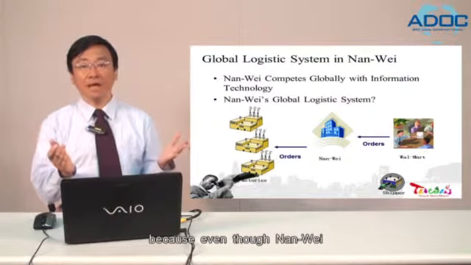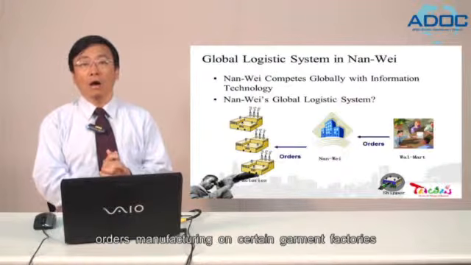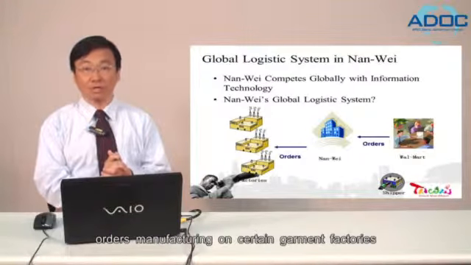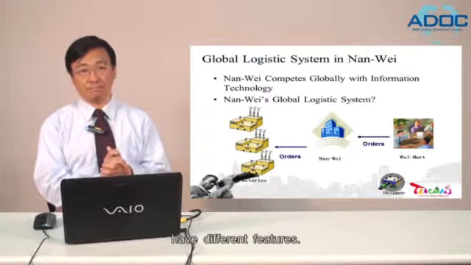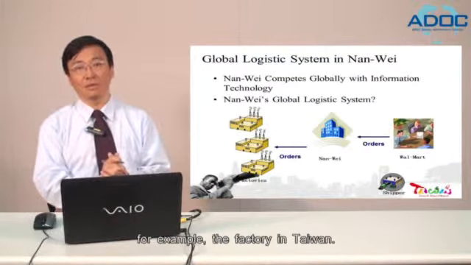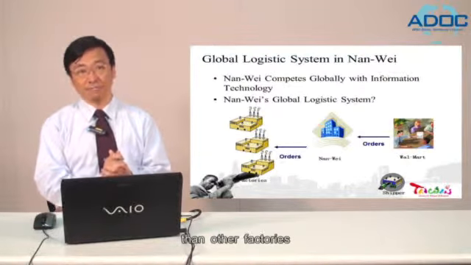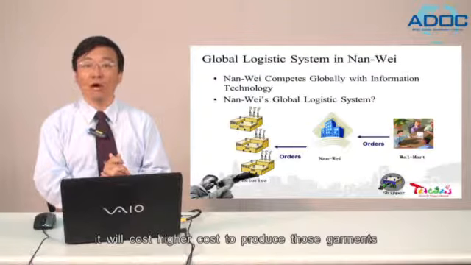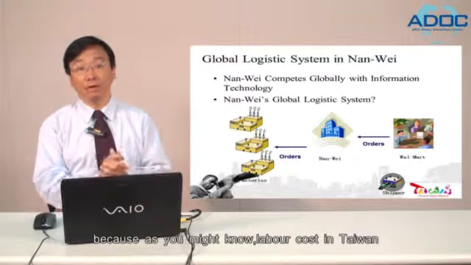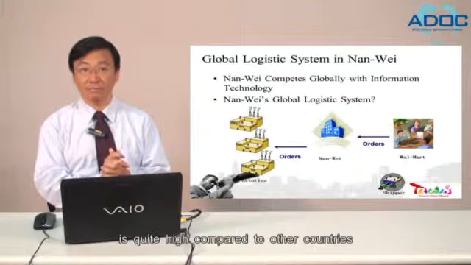Even though Nanwei has many different garment factories globally, orders manufactured in certain garment factories have different features. In some factories, for example the factory in Taiwan, the factory can deliver the order quicker than other factories. But usually, it will cost more to produce those garments because, as you might know, labor cost in Taiwan is quite high compared to other countries.